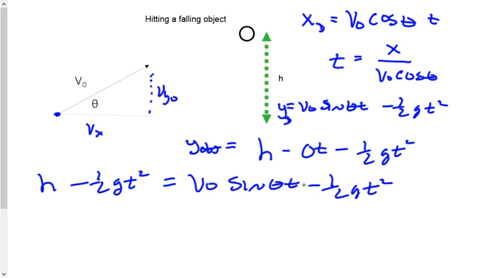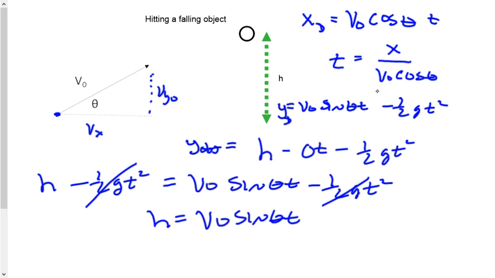Now we set those two y equations equal to each other because we know that the two have to have the same height if they are going to intersect here, or the dart's going to hit our falling object. And we find out, of course, that our 1/2 gt squareds would cancel out. So we're left with height equals v naught sine theta t.